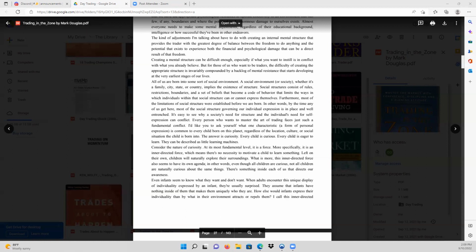If you stop fighting the market, which in effect means you stop fighting yourself, you'll be amazed at how quickly you'll recognize exactly what you need to learn and how quickly you will learn it. Taking responsibility is the cornerstone of a winning attitude. And that is the end of chapter 3.